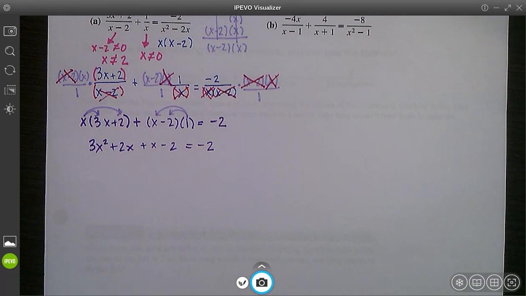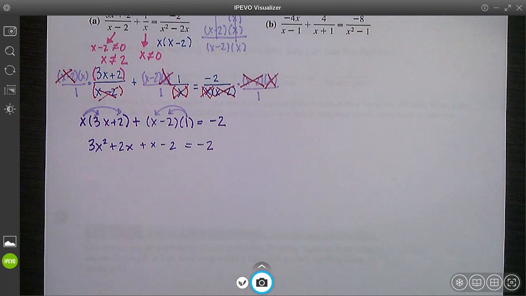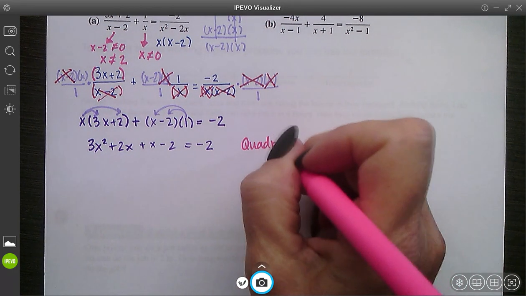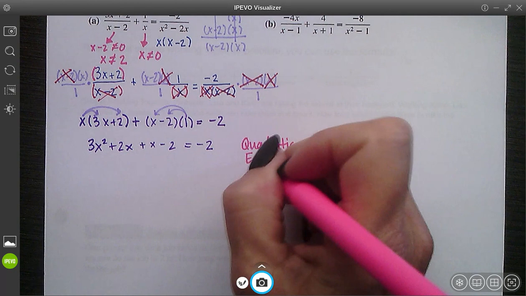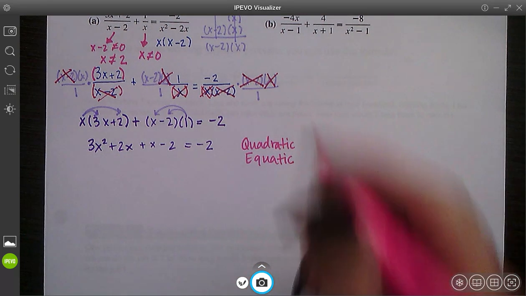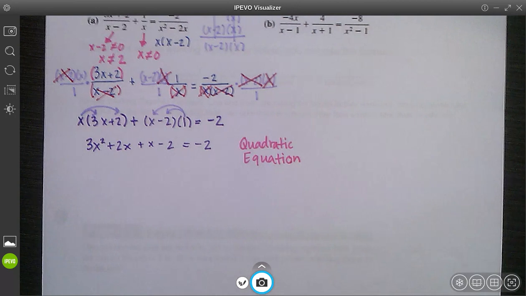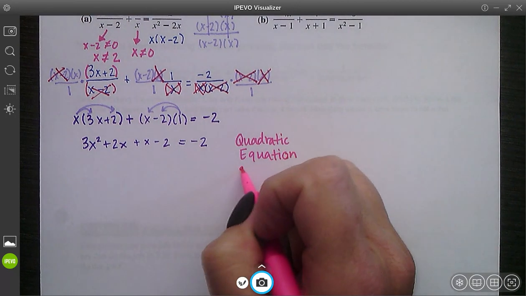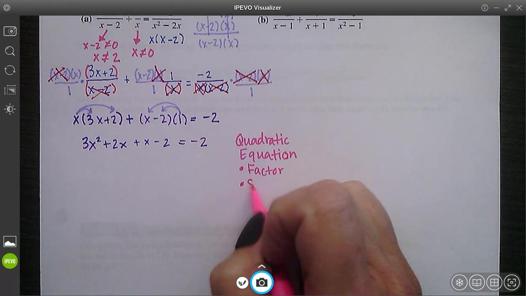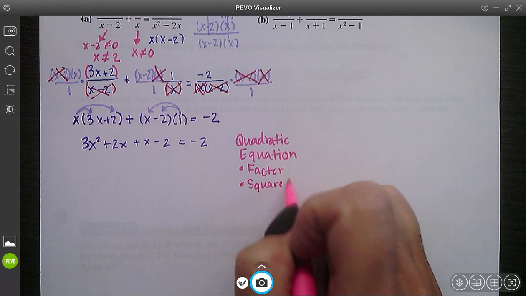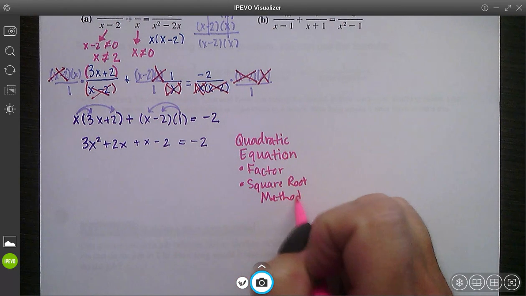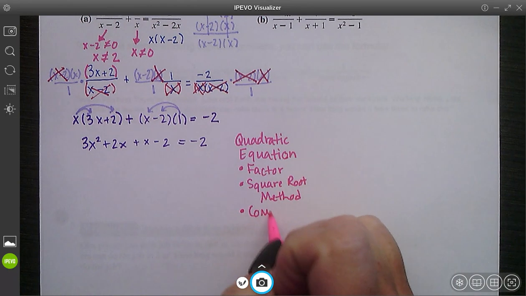And to solve a quadratic equation, I have a few options. We studied those in section 1.4. We can sometimes factor. We can sometimes use the square root method, which just means take the square root of both sides. We could complete the square.